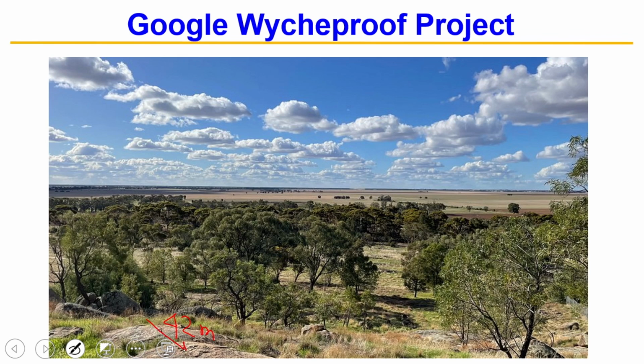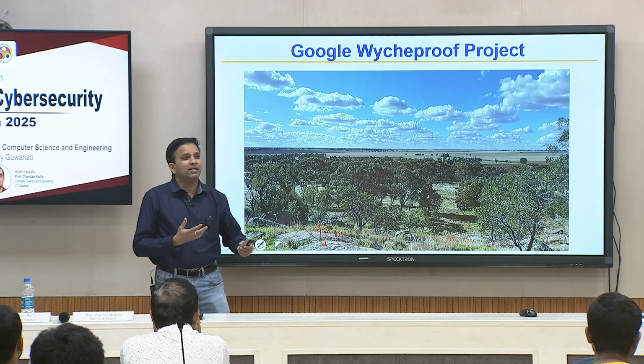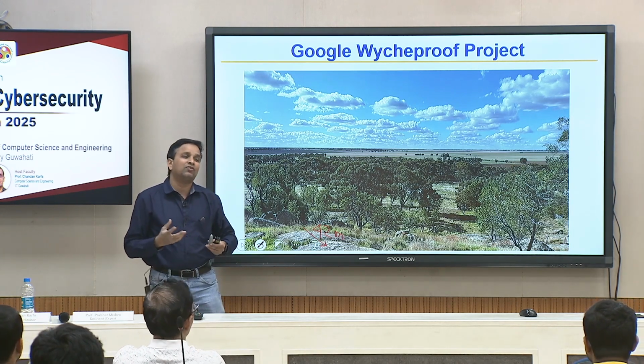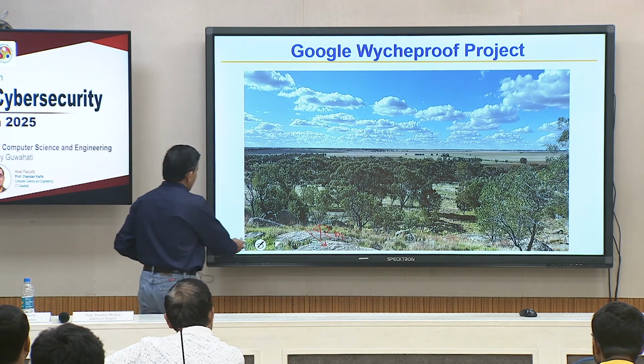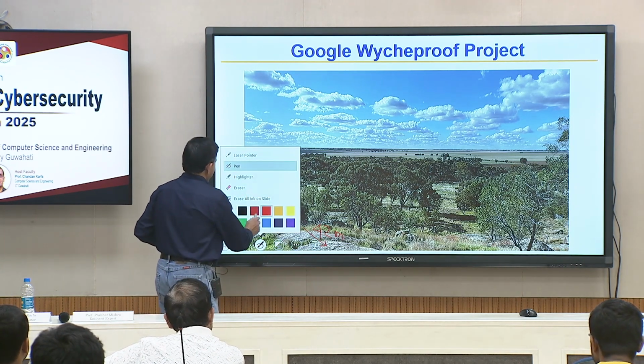This particular picture did not come out correctly. So, that is Wycheproof, and again this picture has nothing to do with the Google Wycheproof project. Google's view was, instead of trying to solve everything and failing flat on the face, let us try to solve something that is tractable, achievable, and that we can solve. So, all the interesting stuff ends right there.